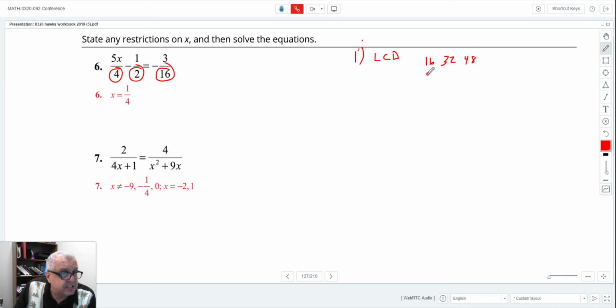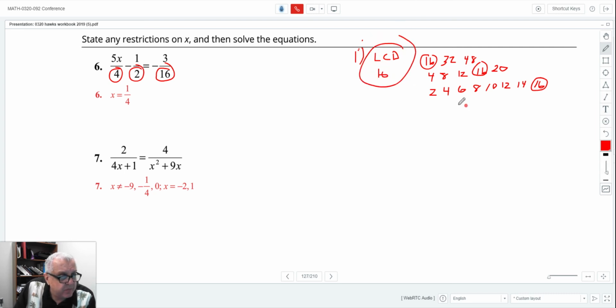And then do it for the next higher number. 4 times 1, 4 times 2, 4 times 3, 4 times 4, 4 times 5. And then the next number, 2 times 1, 2 times 2, 2 times 3. If you notice, the first number that appears in all three is 16. 16 is my LCD.